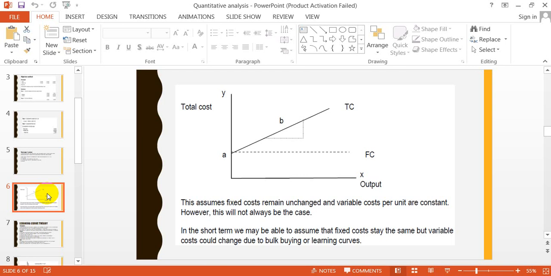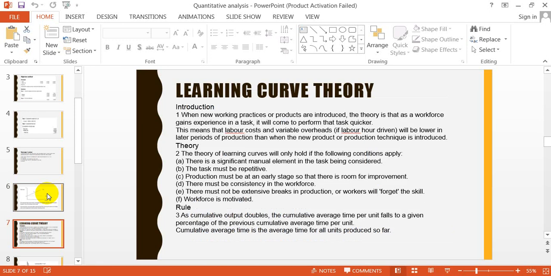But for now, we assume that the fixed costs remain unchanged and the variable cost per unit is constant. So we're done with the high-low method. We move to the learning curve theory.